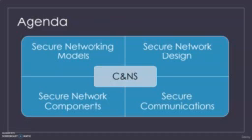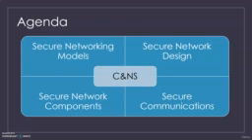The third is secure network components: what are the different secure network components, what are their uses, and what is the optimum way to use them. The last is secure communication. Once you have established the complete secure network design, how can the communication be secured. So we have divided it into four portions.